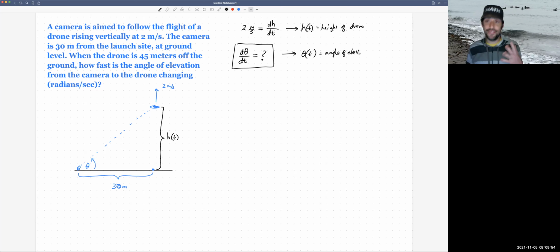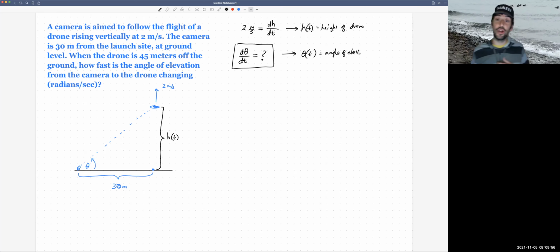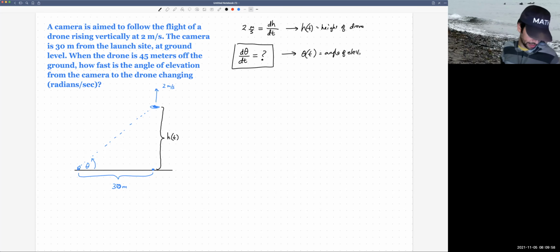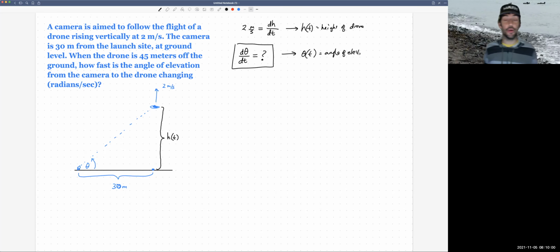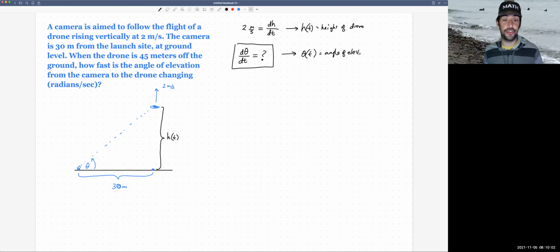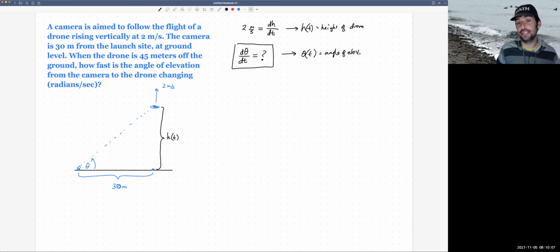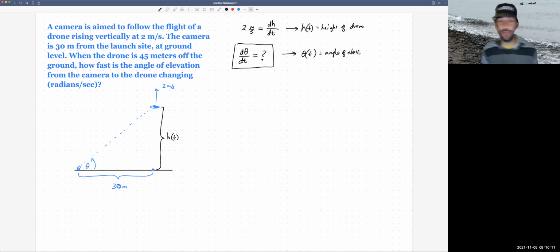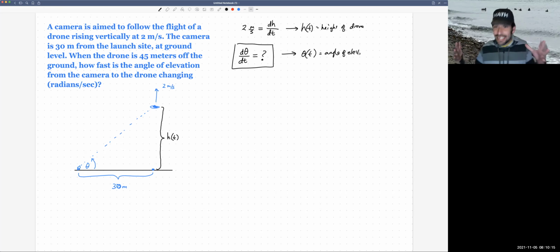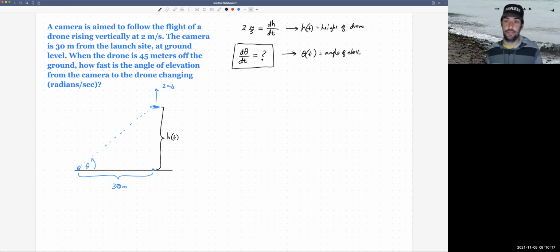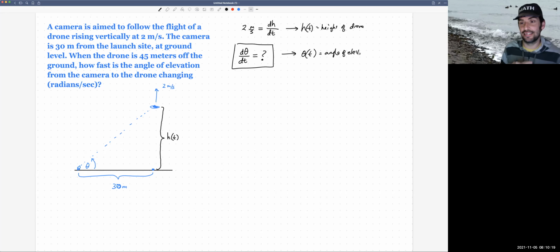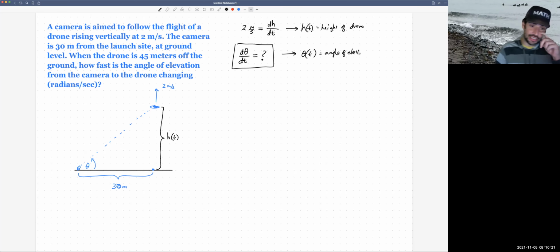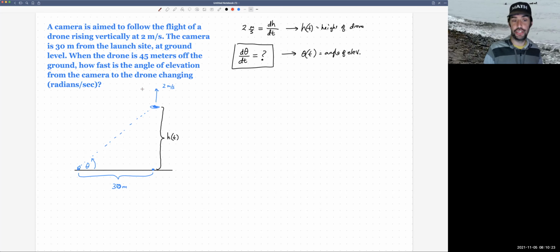Okay, so I've got these two functions and these rates. One, I know what it is. One, I'm looking for. I want to know if I can use the information I have to find this rate, okay? So if I have information and I want to use it to find other information, I need to connect them somehow, right? And there's a connection that I think should be jumping out at us.